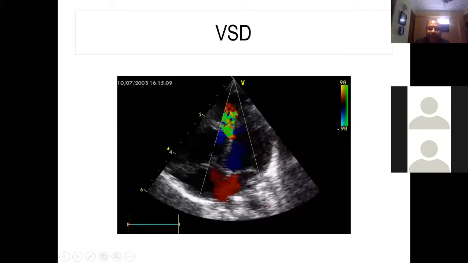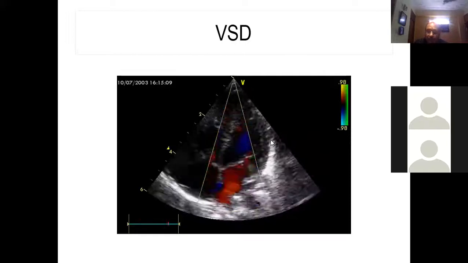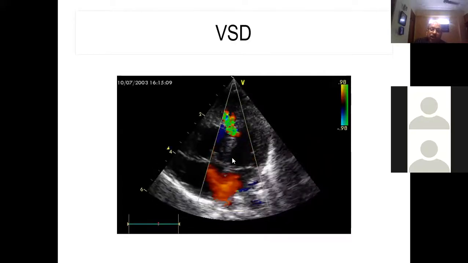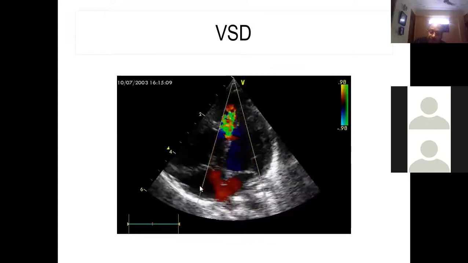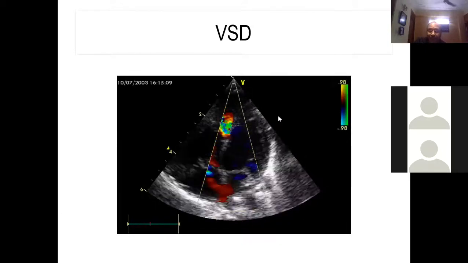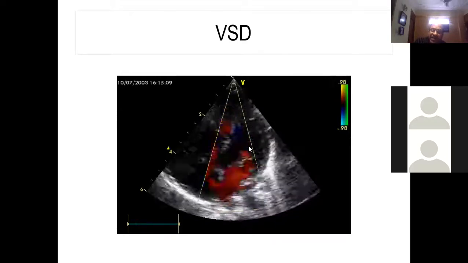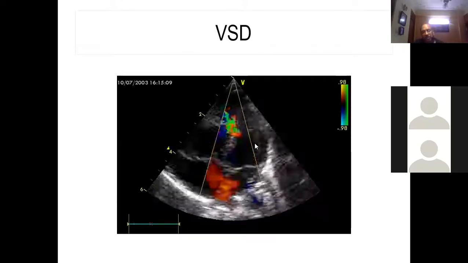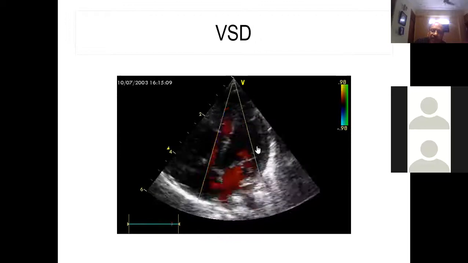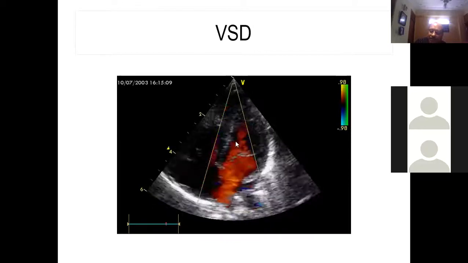If the gradient is low, then I'm really concerned. But at the same time, it depends on what age I'm looking at. If I'm looking at the VSD of a neonate, where I expect my LV pressure to be 50 millimeters of mercury and my RV pressure about 15 or 20 millimeters of mercury, the gradient is only 30 millimeters.